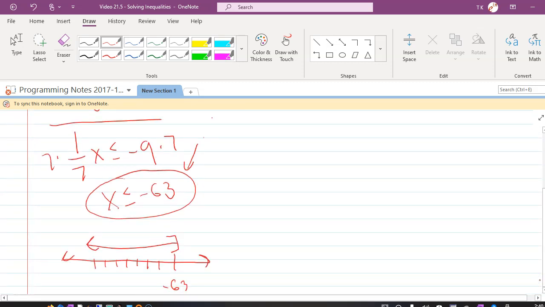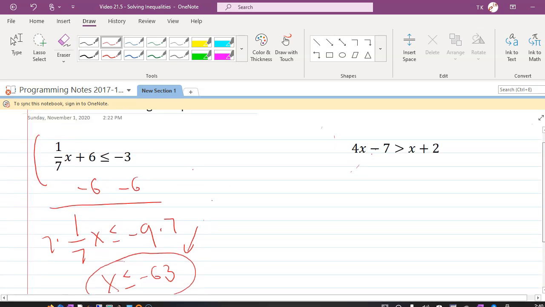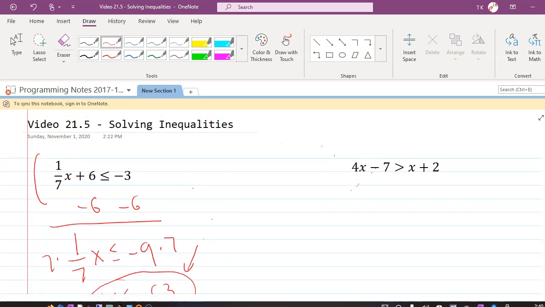There you go. Let's look at another example, and we'll look at the only procedural difference between solving equations and solving inequalities. So I have 4x minus 7 is greater than x plus 2. I need to get all of my x's to one side, so I'm just going to do minus 4x, minus 4x.